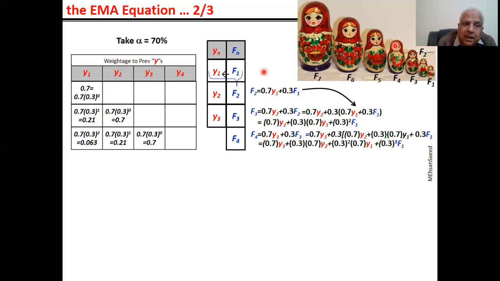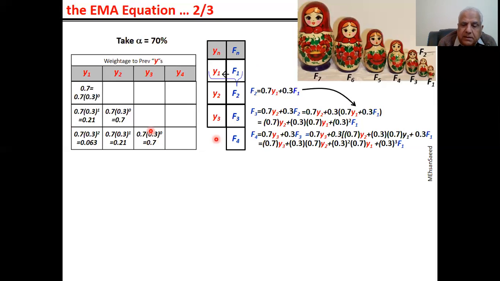Likewise, this little doll becoming a part of this bigger doll. Then these two dolls becoming a part of this lady over here. And in the process, you can see the exponents: 0.3 raised to the power 2, 0.3 raised to the power 1, 0.3 raised to the power 0.